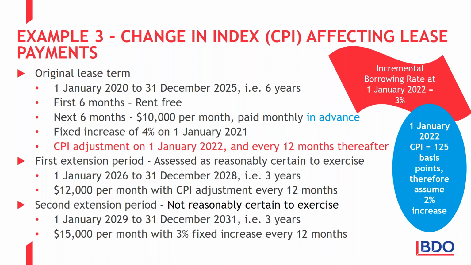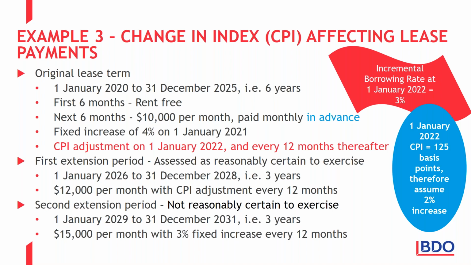So example 3 is where we deal with a change in an index, CPI, affecting our lease payments. Again, I'm following on from examples 1 and 2. What I'm changing is the bit in red: the CPI adjustment is on 1 January 2022 and every 12 months thereafter.